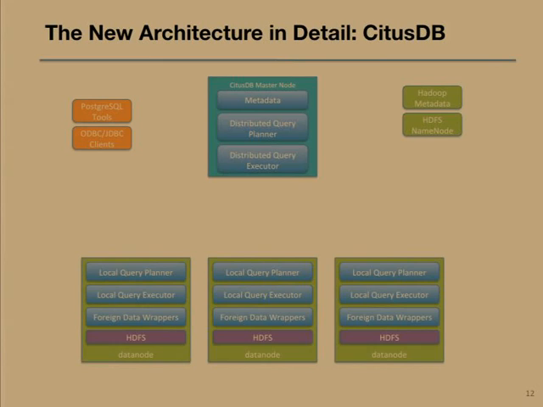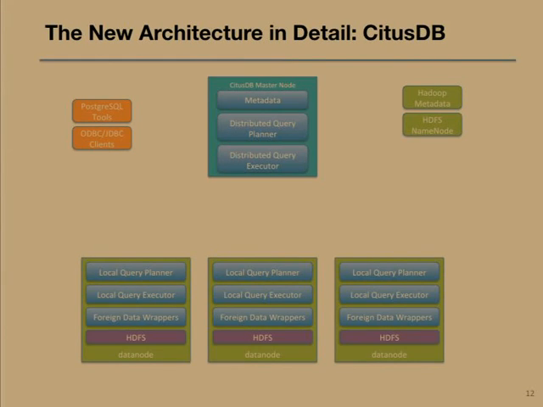So I wanted to go into some more detail about how this actually plays out in a system like CitusDB. CitusDB is built on top of PostgreSQL. If we look at the components in the system, on the left-hand side we have PostgreSQL clients, ODBC and JDBC drivers.